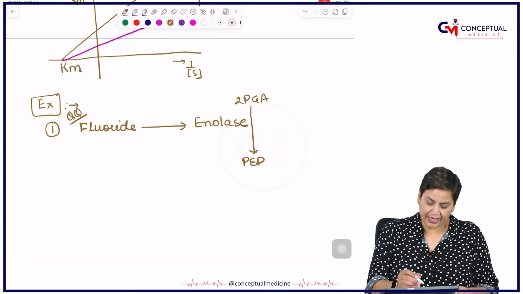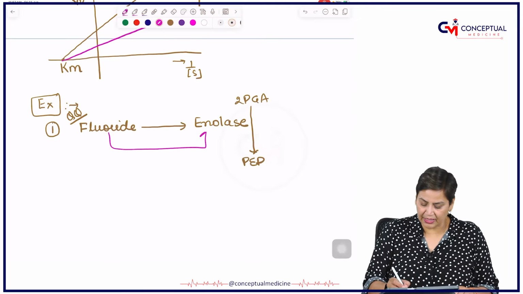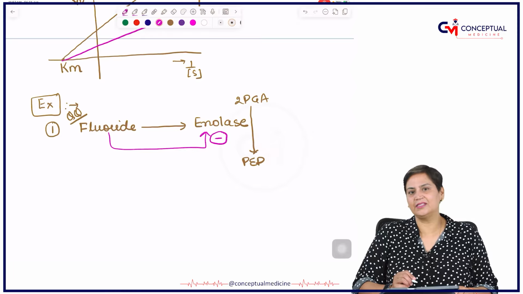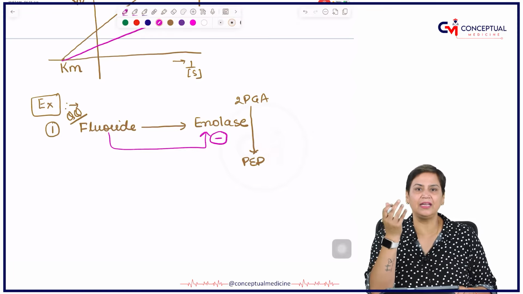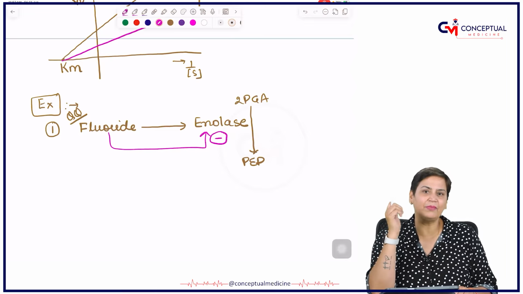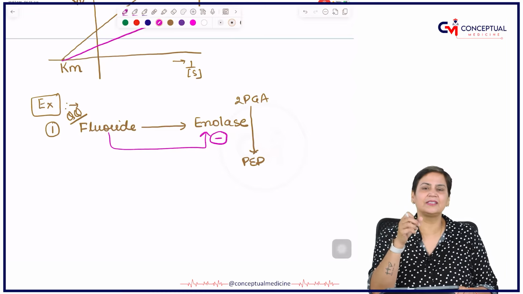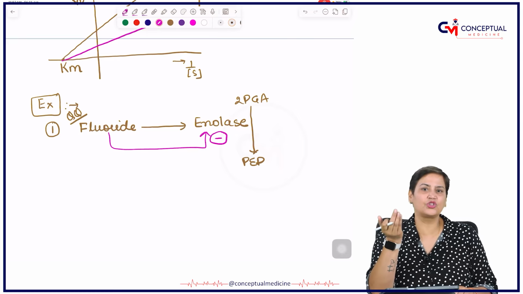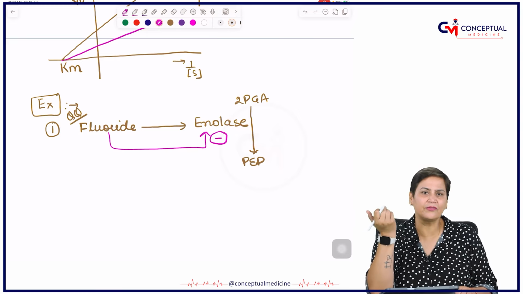So since fluoride ions are inhibiting this enolase, whenever we have to estimate glucose in the serum, whenever a technician comes and takes our blood sample, he will always ask what parameters have to be estimated in the blood. If we say sugar, yes, if a person is suffering from diabetes, he will always go for glucose estimation.